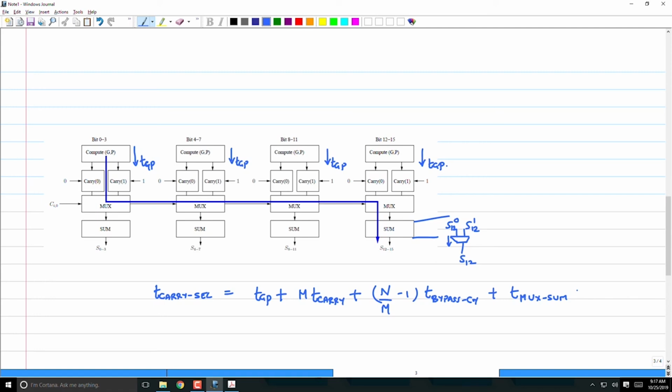Just to differentiate between bypass and sum multiplexer, I will write it like this. Of course, if all this is the same, then I expect it to be TGP plus M T carry plus N by M into T bypass.